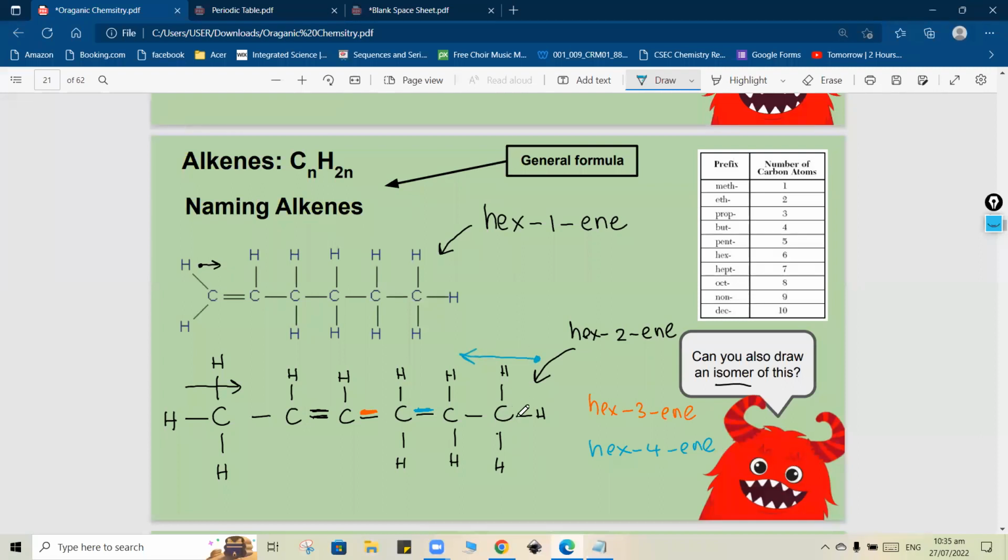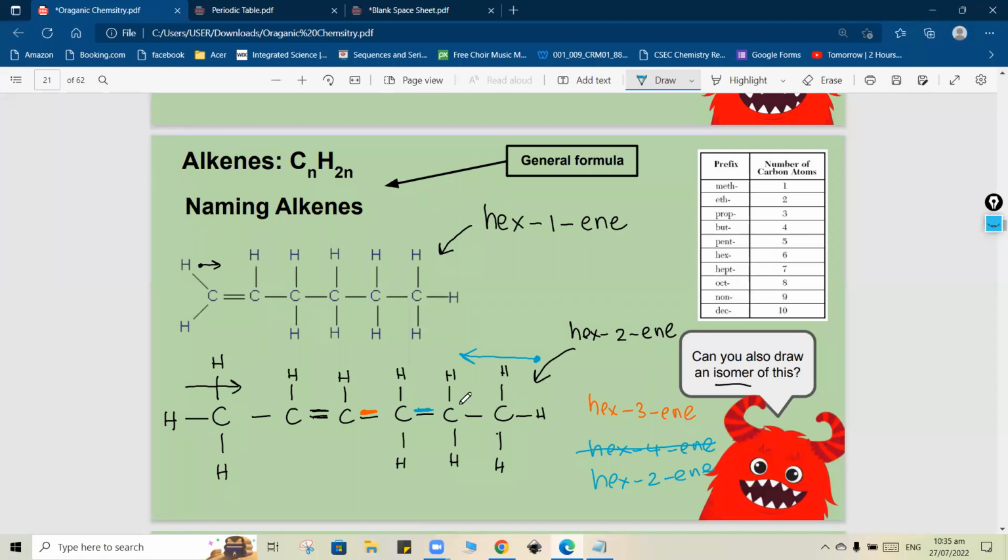So if I choose this side, it will be what? 1, 2. The double bond will be first accessible after the second carbon. So his name would actually be what? Hex-2-ene. You've got to be real careful with those little tricks in the exam. You always have to choose the shortest path to reaching the double bond, right?